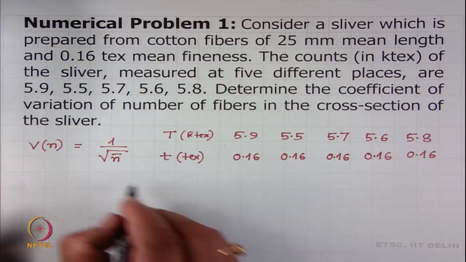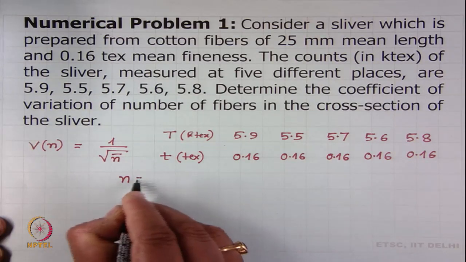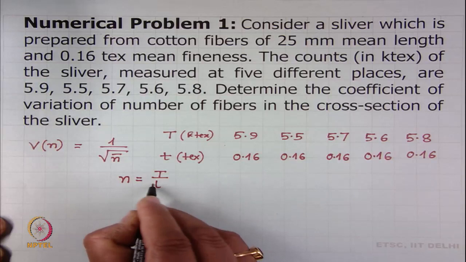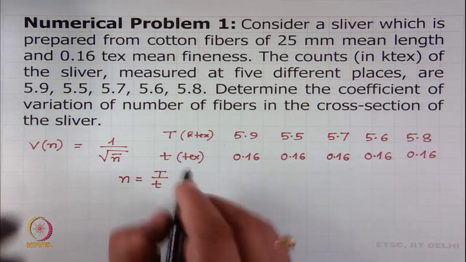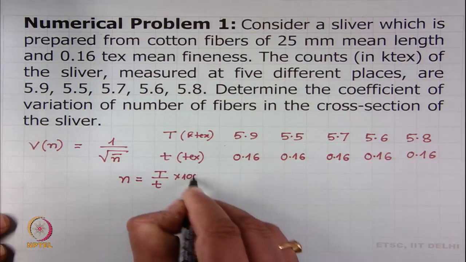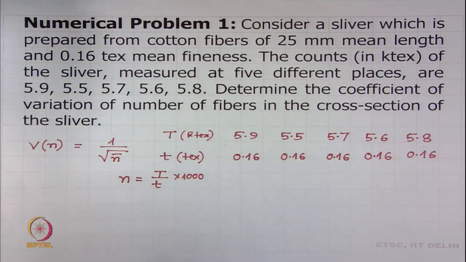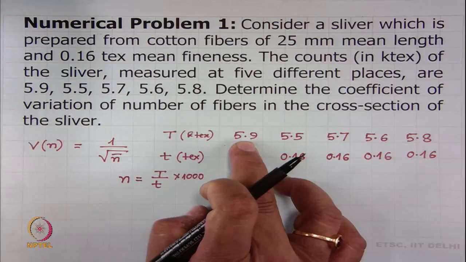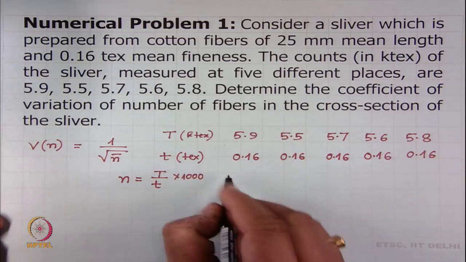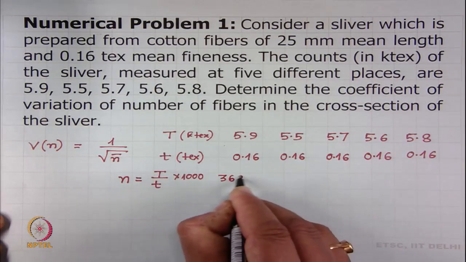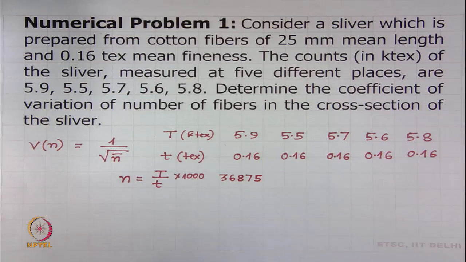Then we need to find out number, small t, into 1000. So, 5.9 kilotex means 5900 tex divided by 0.16. This will give you this number.